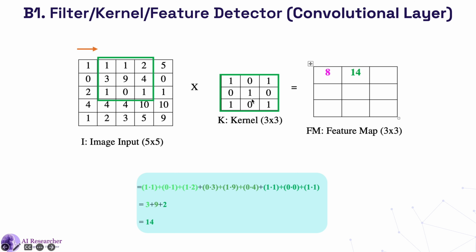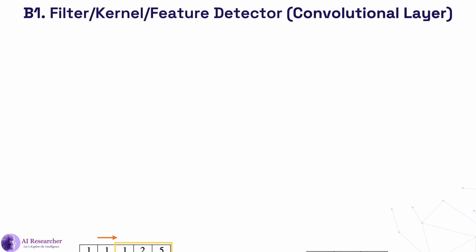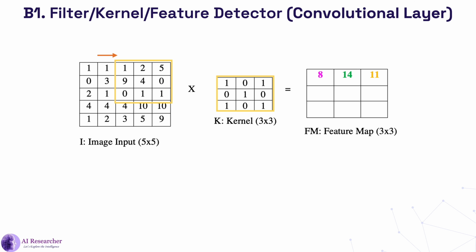Afterwards it will perform the summation of these product values, and the final value we got is 14, which is the second cell in the feature map. The position of this cell is 0, 1. Similarly, the kernel moves one cell towards the right and performs the calculations like before, and the value in the feature map at position 0, 2 is 11.